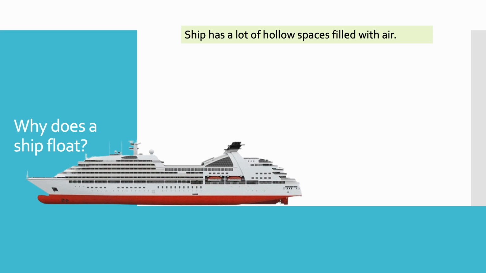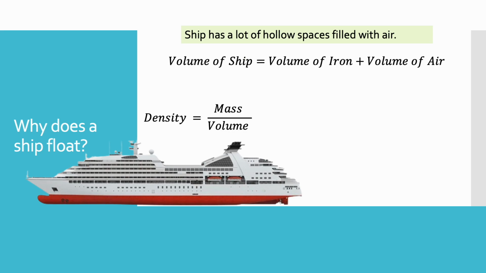Let's use the formula again. Density is equal to mass divided by volume. Because the ship has a very large volume, the volume of the iron plus the volume of air, the overall density decreases. Yes, the overall density of the ship is less.